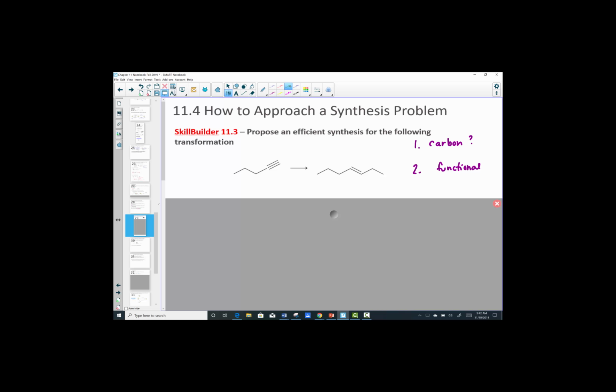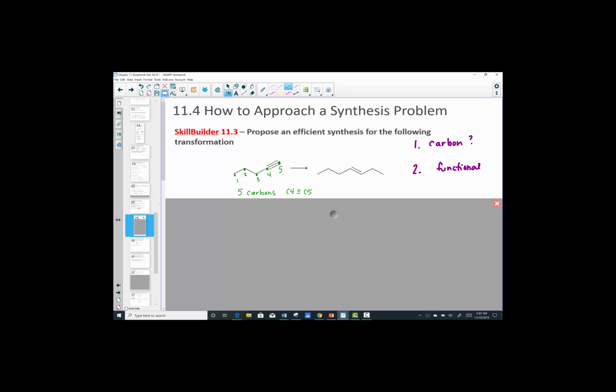So I'm going to number this carbon chain, and when I do so, I want to be sure that I can locate the functional groups as well. For nomenclature I would start numbering here, but I'm going to just count the carbon chain, not by the nomenclature rules, but just to figure out how many carbons there are. Right now I have 5 carbons, and between carbon 4 and carbon 5 we have a triple bond.